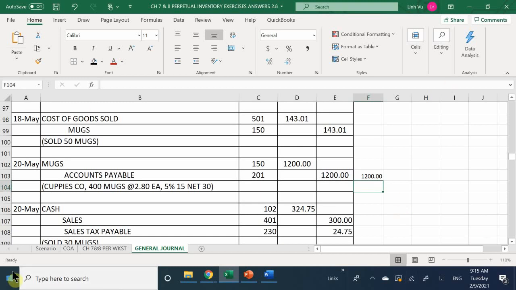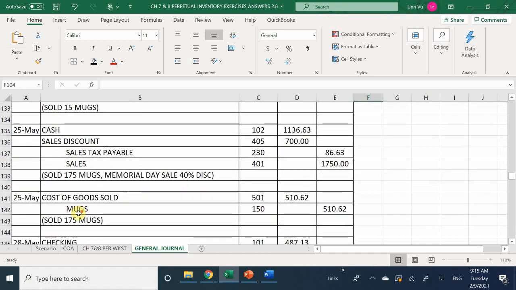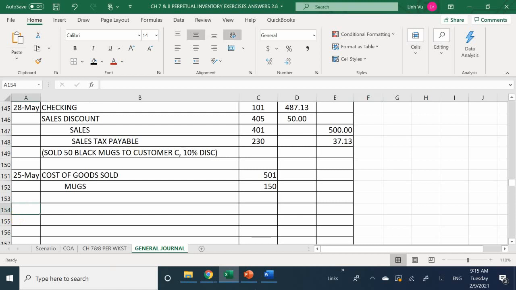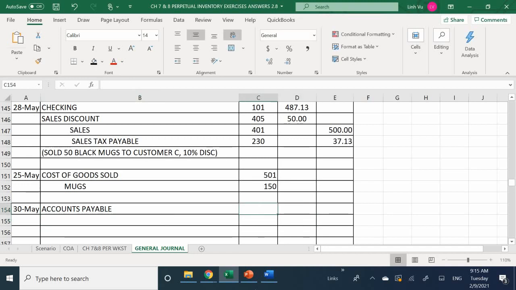Okay, while I let you guys ponder on that, first thing I'm going to recognize is that I'm going to make a payment to what I owe. So my total accounts payable, since I'm paying them all off in one go, as my accounts payable is 201.